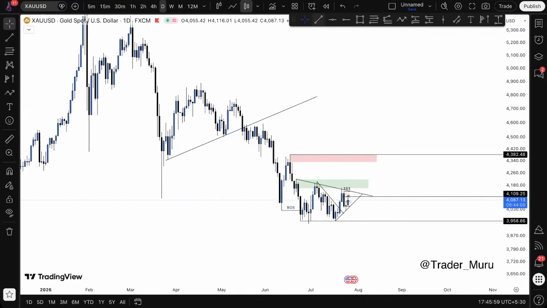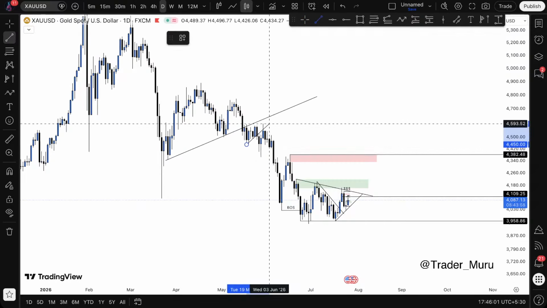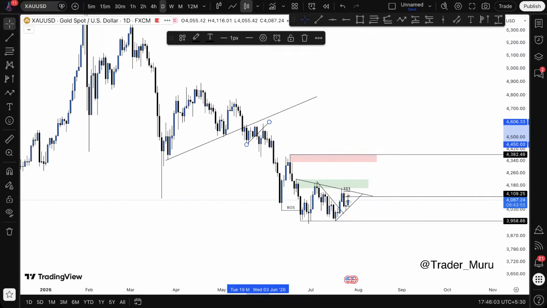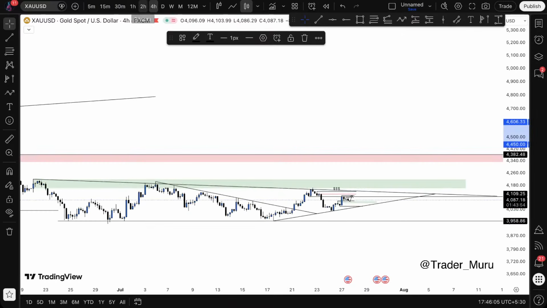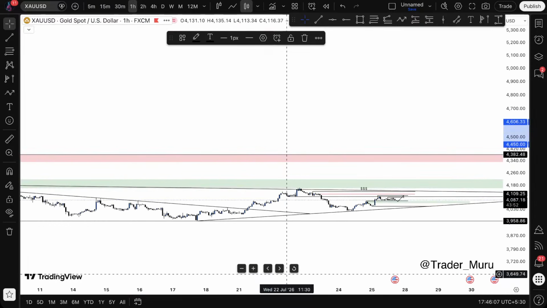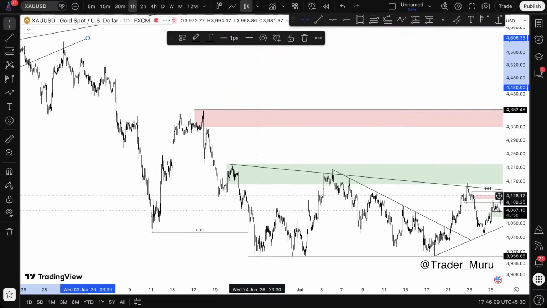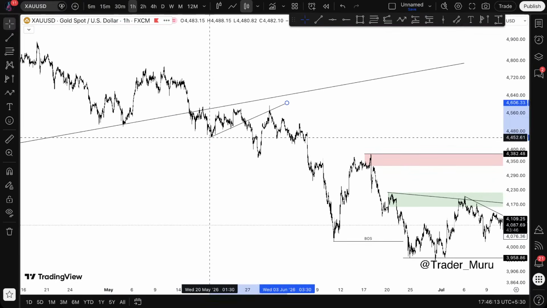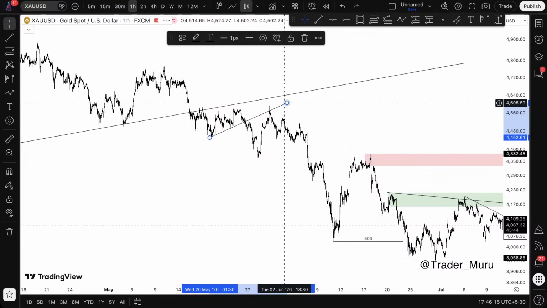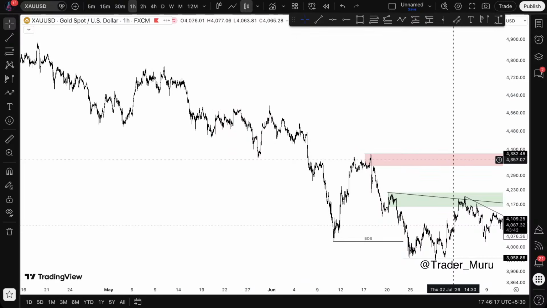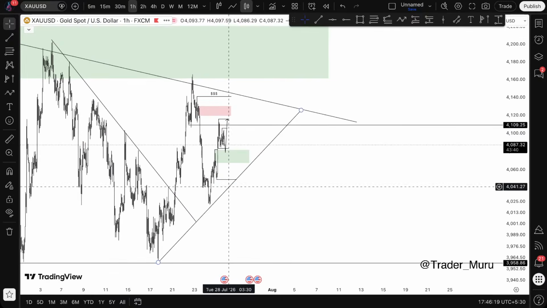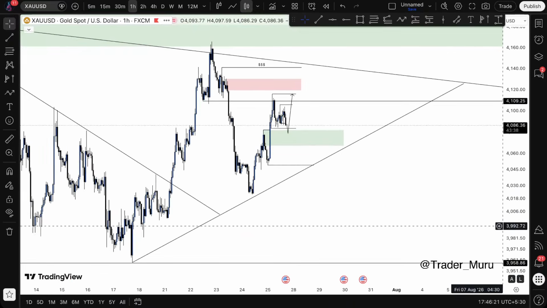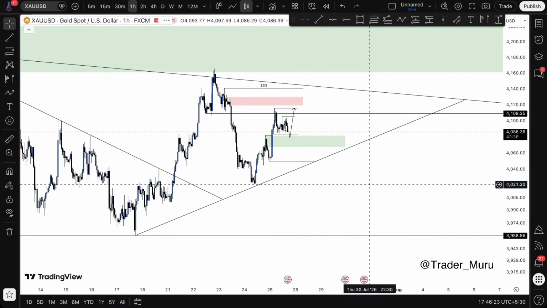Here, there is also a trend line. In smaller time frame, you will see that trend line clearly, maybe in 1 hour. See? And you don't need this much knowledge to trade trend line.